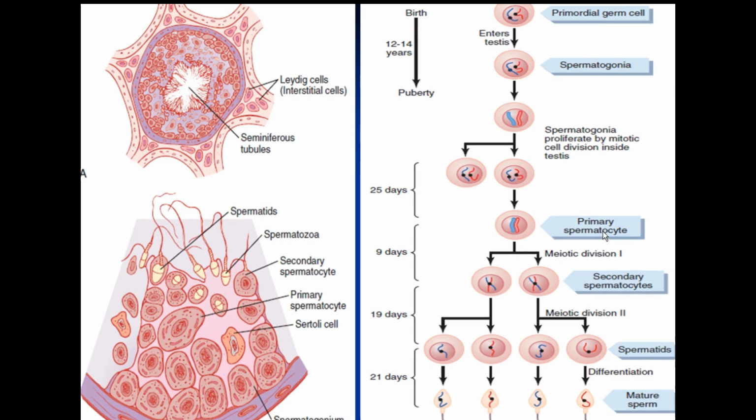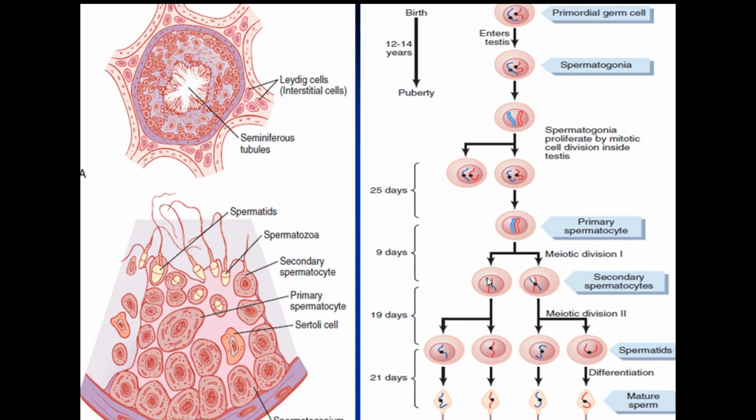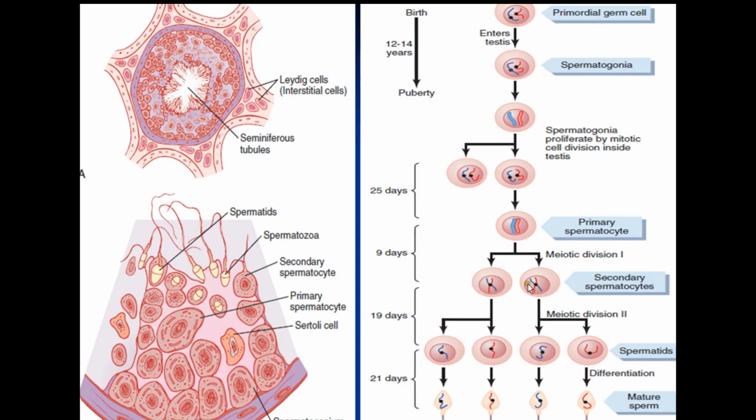Then after about 9 days, these spermatocytes undergo reduction division. Meiotic division number 1 occurs, in which all 23 pairs of chromosomes are separated. One set of 23 chromosomes goes to one secondary spermatocyte, and the other set of 23 chromosomes goes to the second secondary spermatocyte. Then after a few days, the second meiotic division occurs.